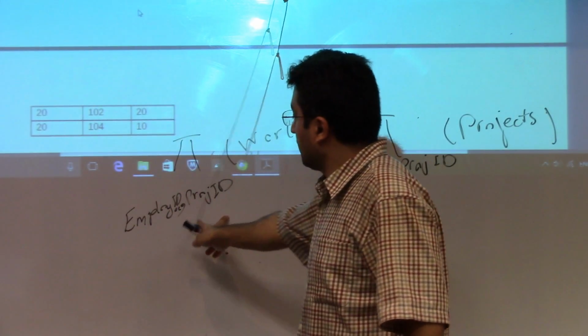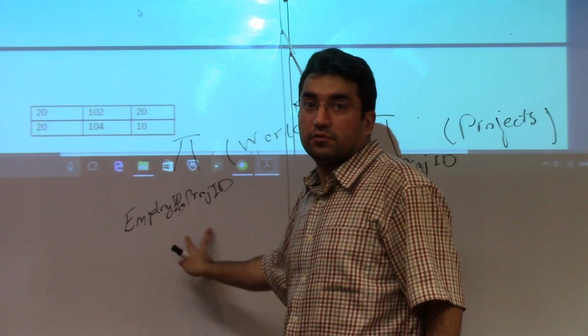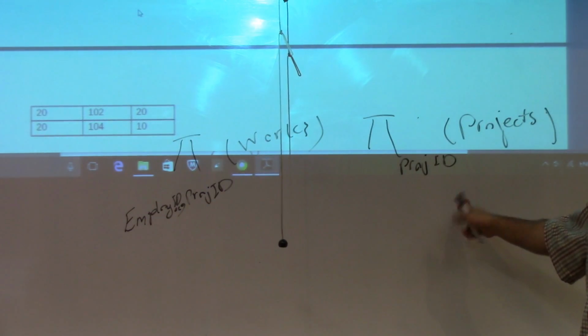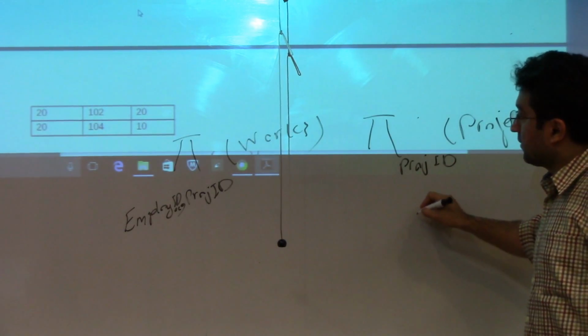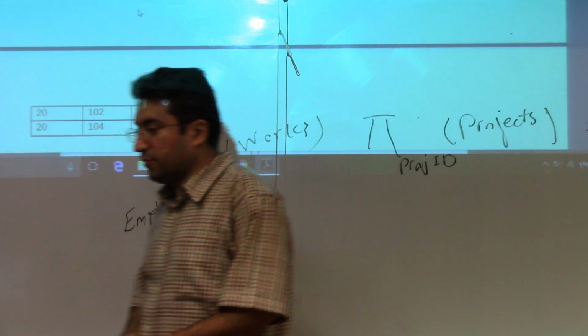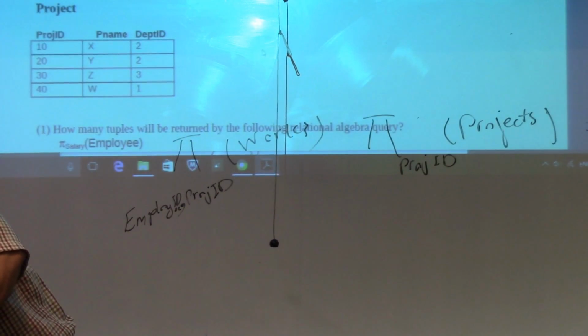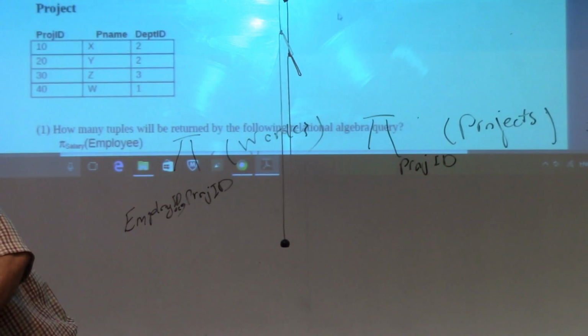So how many columns does it have? 2. And how many columns does this one have? 1. So this is the list of the projects: 10, 20, 30, 40.